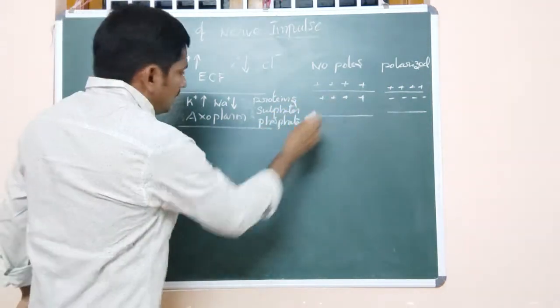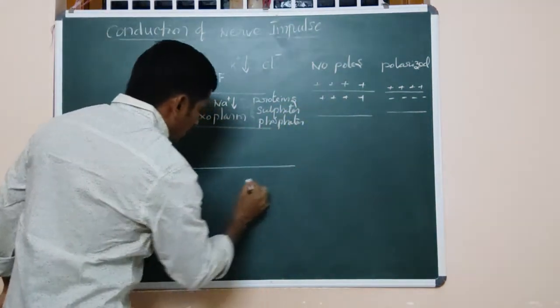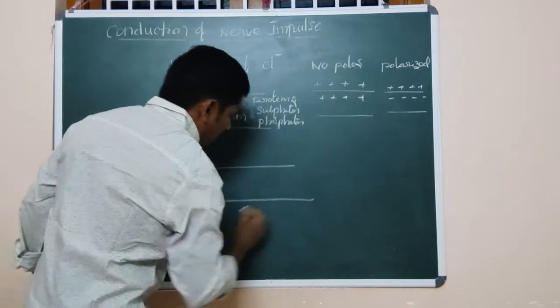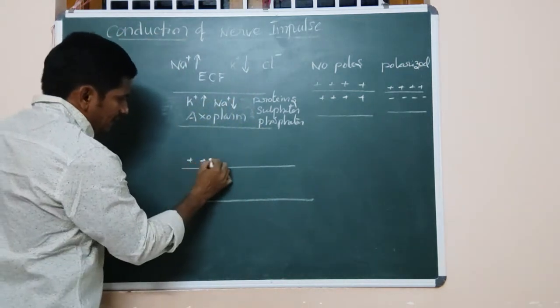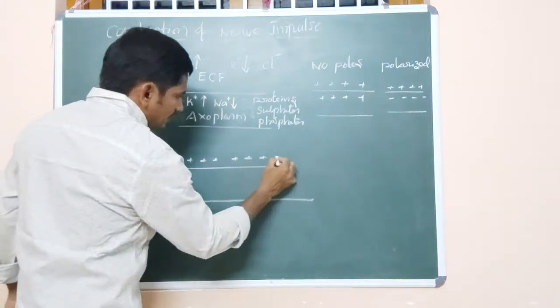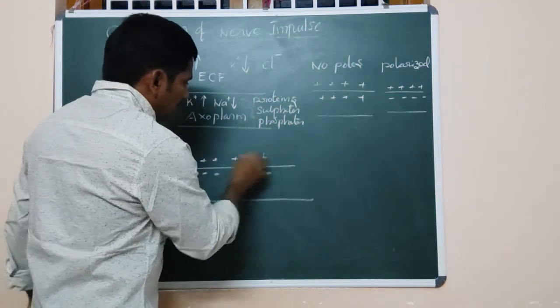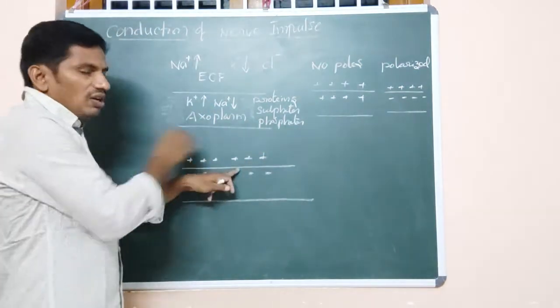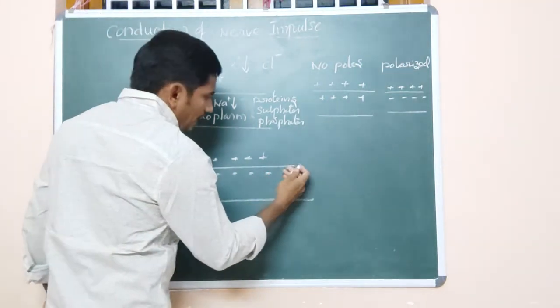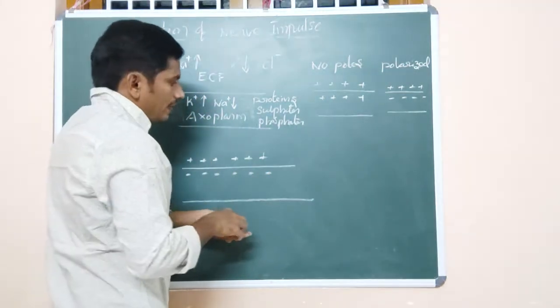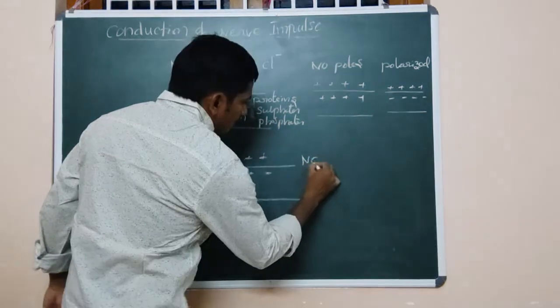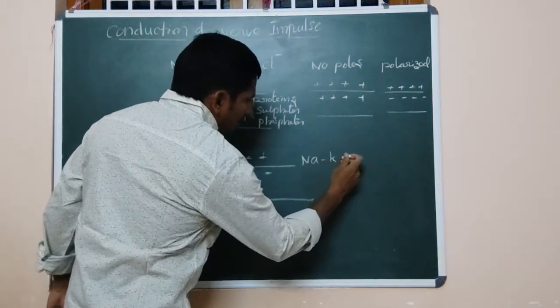Here, when the axonal membrane is polarized, on the axonal membrane there is a sodium potassium pump.